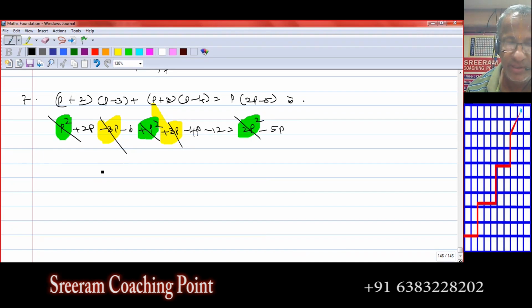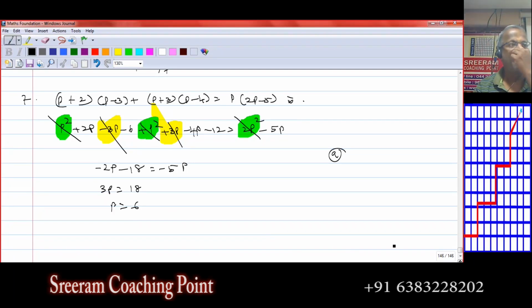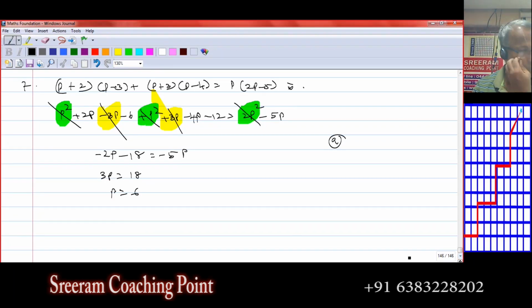So we will end up with minus 2p. Am I right? Minus 18 equal to minus 5p. So 3p equal to 18, p is equal to 6. Correct? Which is A. Is that right? All of you? Sanjana, Manimala and Soumya. Yes, sir.